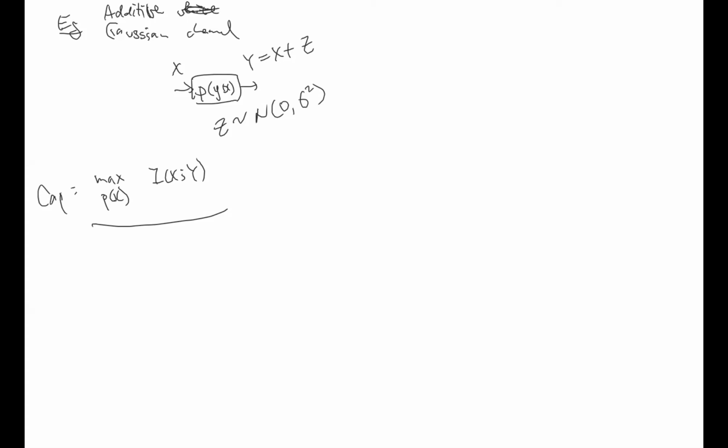I can do it similarly to what we did earlier for the binary symmetric channel. So I can write h(Y|X), and then the maximum over p(X) of h(Y) minus h(Y|X), where Y is equal to X plus Z, given X.